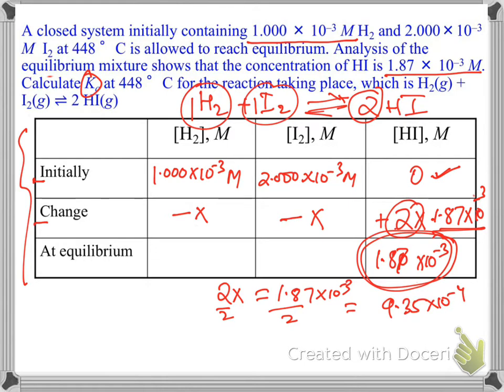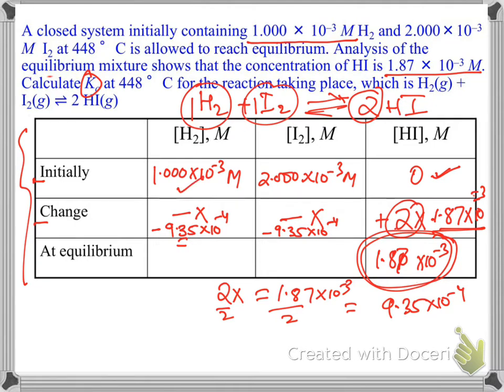That means I'm consuming 9.35 times 10 to the negative fourth of hydrogen and 9.35 times 10 to the negative fourth of iodine. And you can think like that. If I'm consuming this much, I'm making double of it, and the double of 9.35 times 10 to the negative fourth is 1.87 times 10 to the negative third. So can I find the equilibrium concentration?